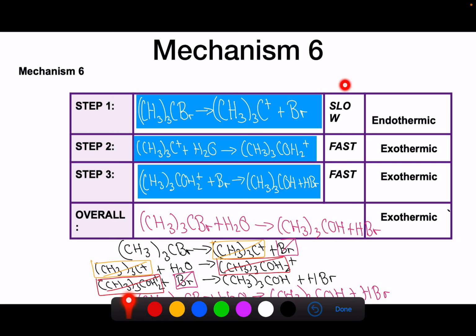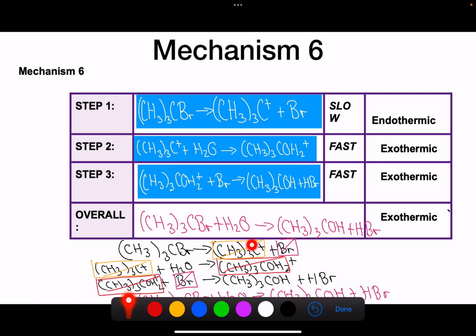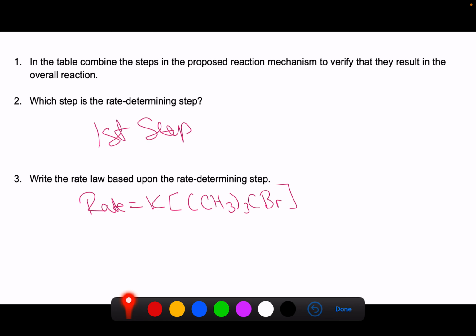Rate is k[CH3CBr]. My intermediates, if I look at my work down here, I've got CH3C+ and Br- and the CH3COH2. There was actually 3 of them in that one. All right.